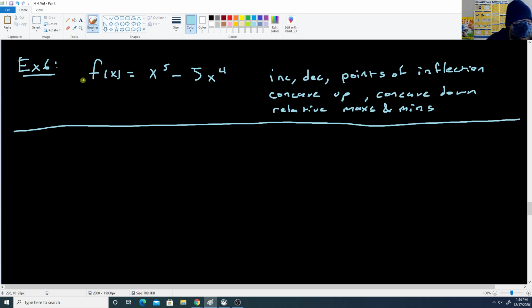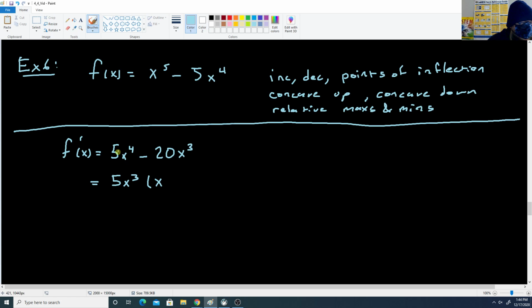So, let's start out getting the first derivative, which is 5x to the 4th minus 20x cubed. I can factor this. I can factor out a 5x cubed. That'll leave me an x.